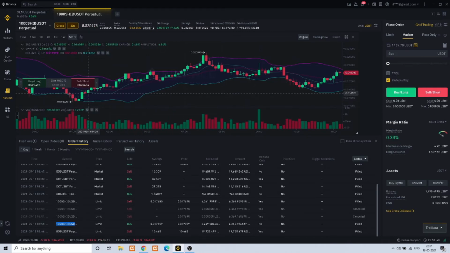It has crossed it and has not come back. It has touched the high and then reversed. So we have taken a buy here, and then after that we waited for about 6.4. So this was somewhere around 6.4. This was the place where we placed an order, and we got exited.